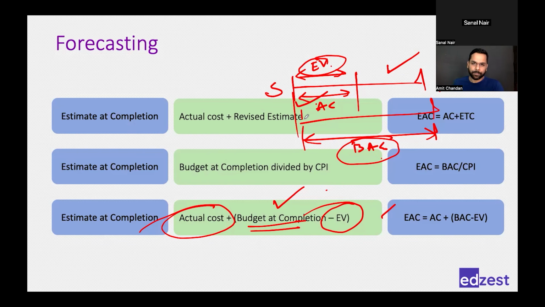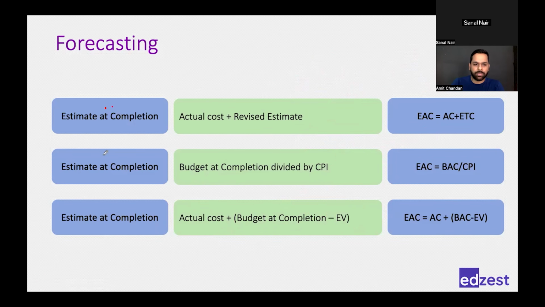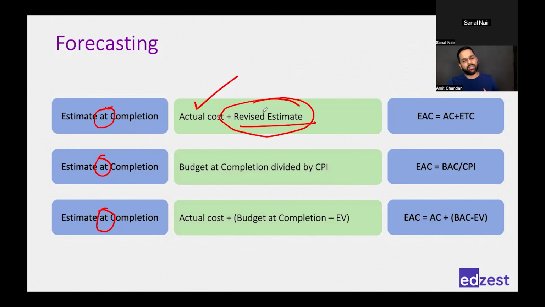So BAC minus EV will give me this point, and if I add AC, I'll get my revised budget as well. Right? So estimate at completion, which means your revised budget, can be calculated with these three formulas depending on what your analysis is. If your analysis says you will have to revise the estimate, then whatever you have spent, add the revised estimate to complete the remaining part of the project. That will be your revised budget. If you think that is the efficiency, that's the nature of the work that we do, it cannot change, then divide your initial budget by CPI and you will come to know your revised budget.